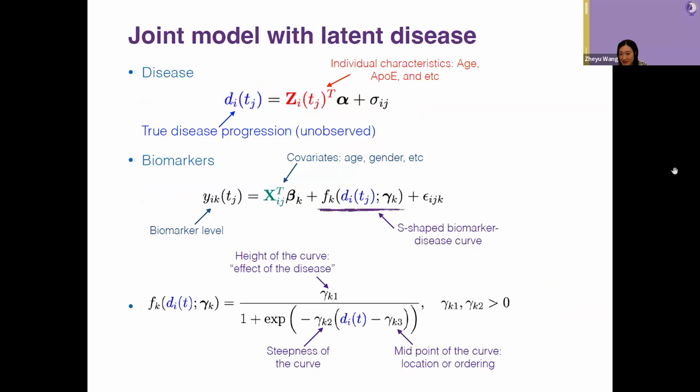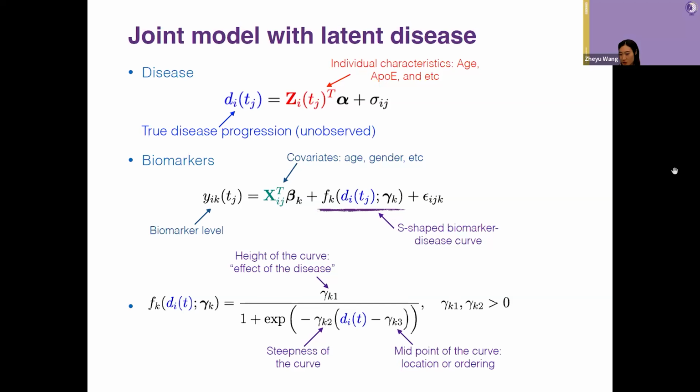Next slide, please. So now that we have determined our modeling approach, we model the latent disease D as a function of individual covariates, so that the disease progression can depend on age, gender, ApoE, etc. And the biomarker, similar to Jack's hypothesis, is an S-shaped curve, the F term.